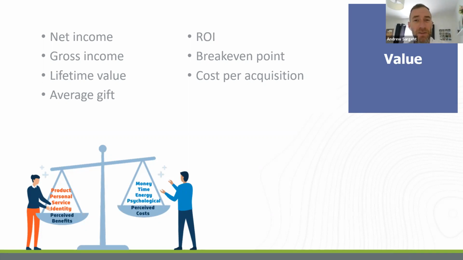Because that can be really skewed if you do lots of recruitment. The people that don't have a very long lifetime to give brings that down, or vice versa. You've got a big old traditional file where everyone's been giving a long time and a much higher lifetime.